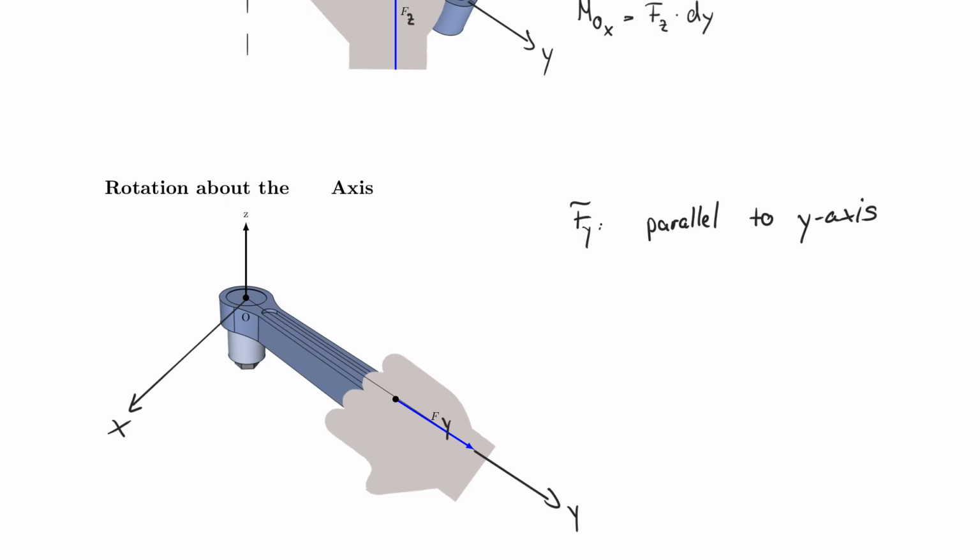And let's look at our d. Our d would be somewhere here, which is acting from there to there. So this would be d, and it would also be in the y direction. So dy would also be parallel to y-axis. And therefore, you really have no tendency to rotate.